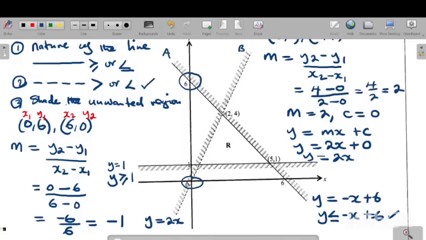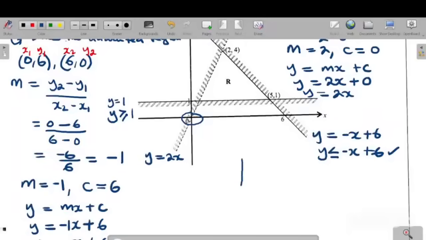What about the greater part? Let me just show you something. If you have the xy plane like this, x and y, this is 0. The values of y increase as you go up, and the values of x increase as you go to the right.